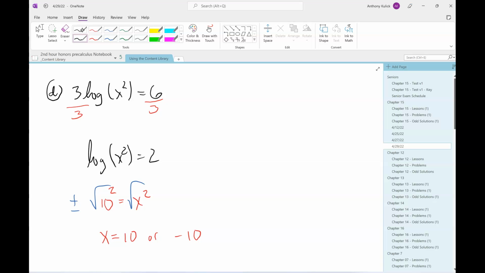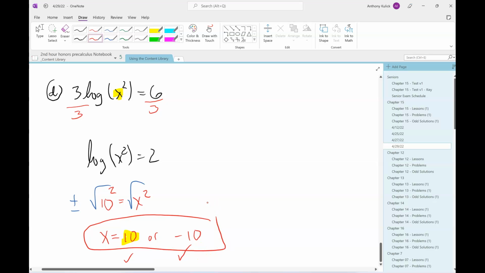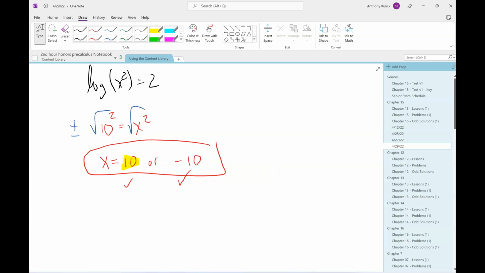All we need to do is make sure that when we plug our values in for x, the number inside the logarithm is positive. So 10 squared, positive. That one's good. Negative 10 squared is positive. That one's good. They both work. Okay, so it can sometimes be one or the other, or both. Yes, or none. All possible.